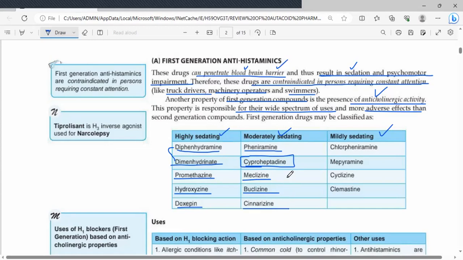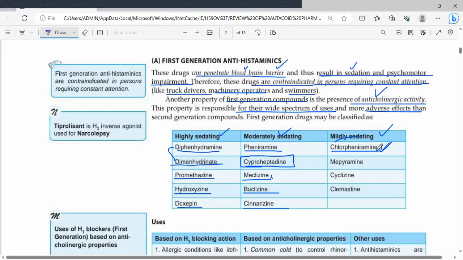Just like hydroxyzine, meclizine is also a piperazine derivative. Now, the mildly sedating, you have your chlorpheniramine, Piriton. I know this one. You use it for the wrong purposes. For those who cannot sleep, they take this, which is okay.